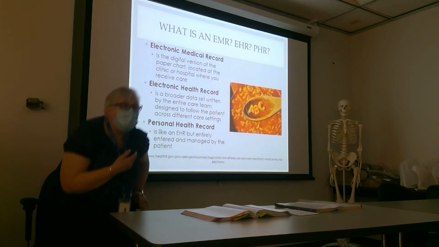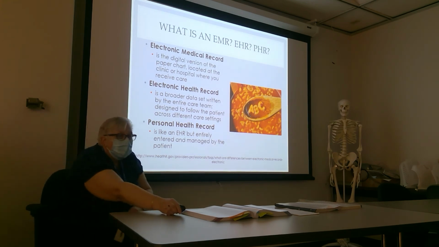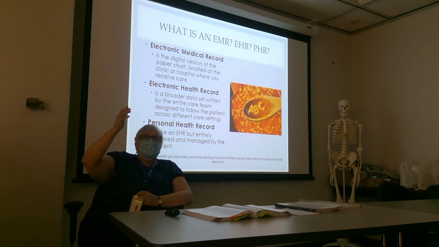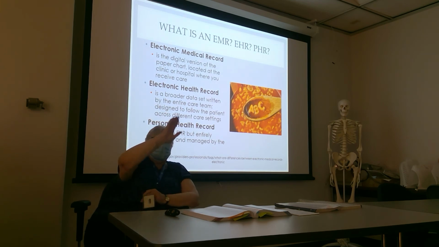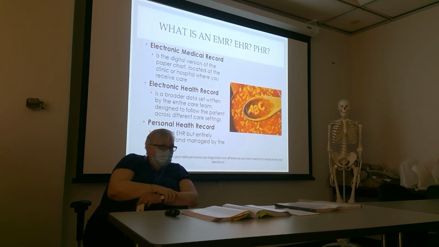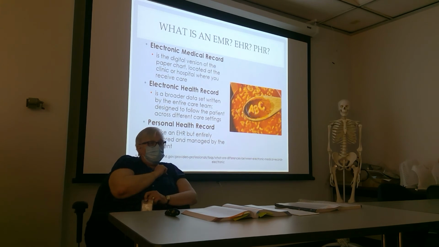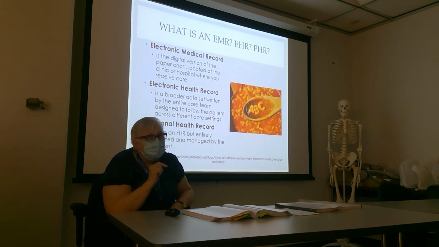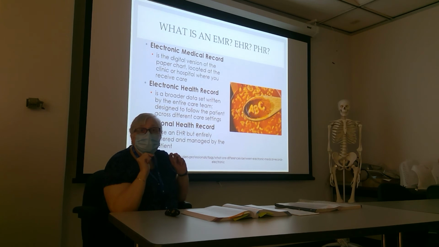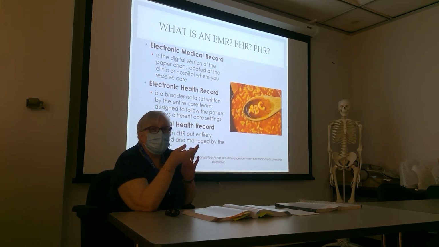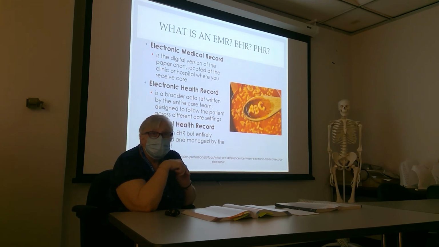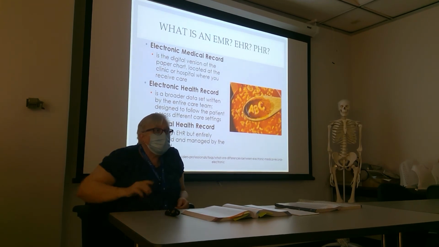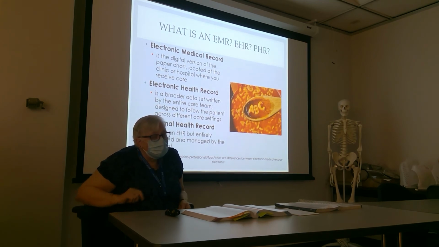If a physician says go get a chest x-ray, they'll write it in the chart. When you get your chest x-ray, if you have a patient portal, you can log in and sometimes get the result of your x-ray before the doctor does. Sometimes that's a good thing, sometimes it's a bad thing.